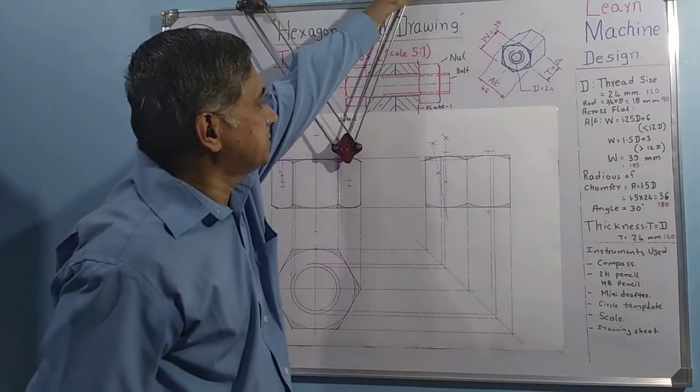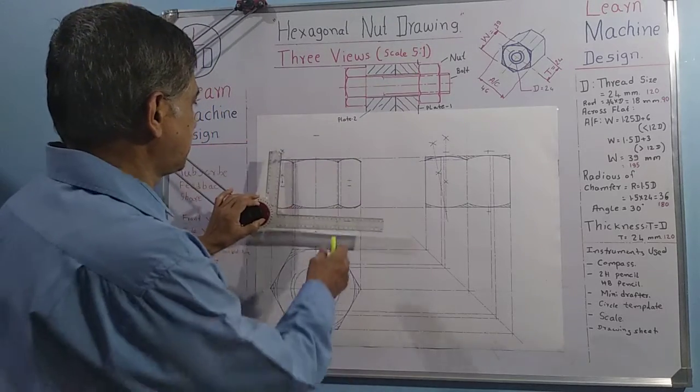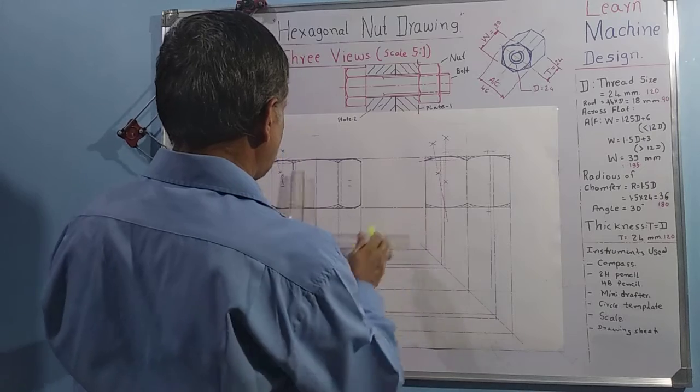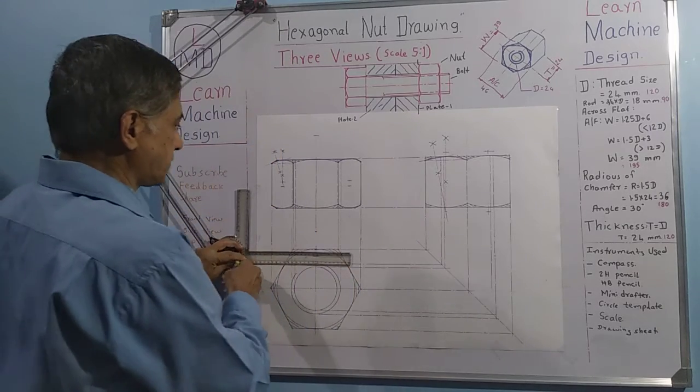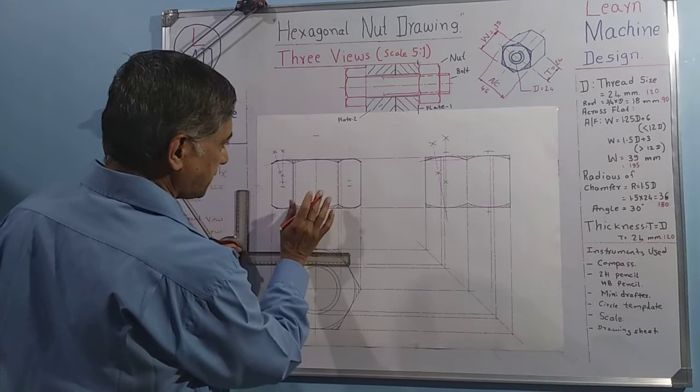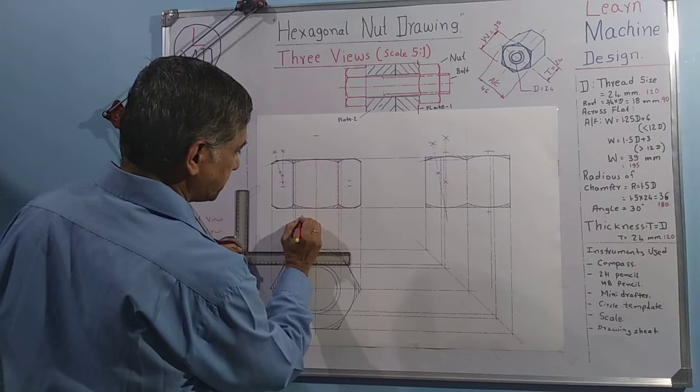Then after writing all, you have to write then the view name. This is front view.